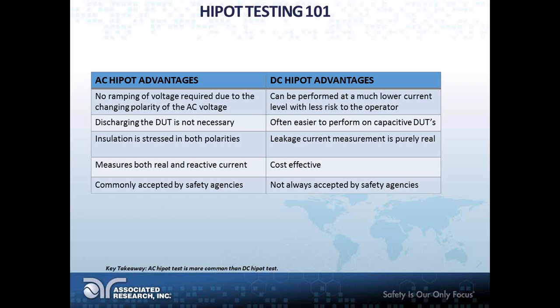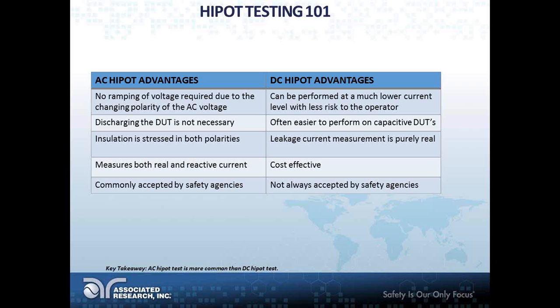whereas the DC Hipot can be performed at a much lower current level, which means less risk to the operator. Once again, this is due to the very nature of the DC current flowing in just one direction, either positive or negative.